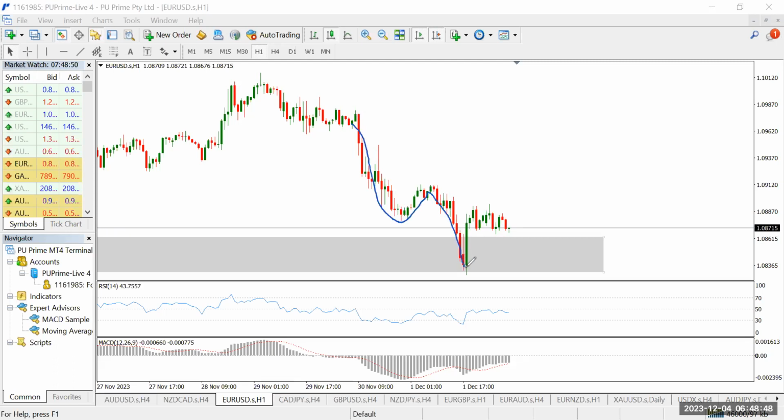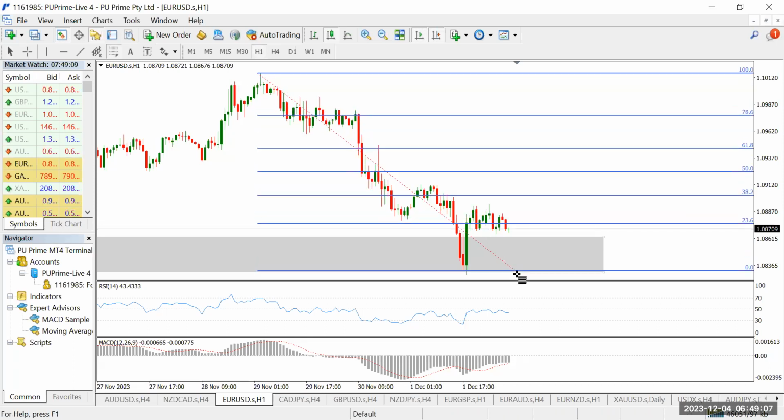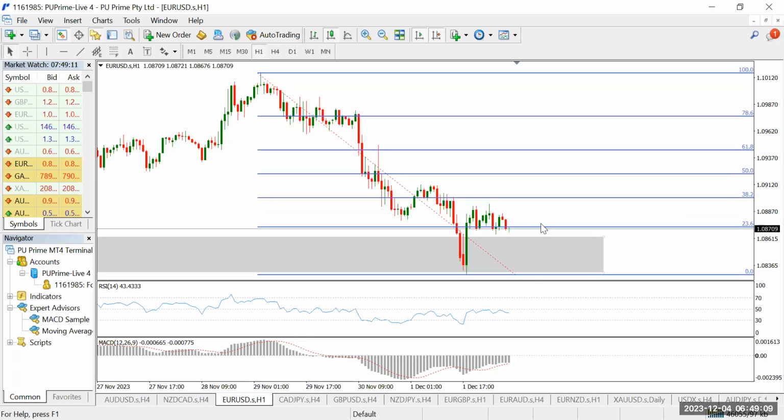So that should lead to a bullish breakout. However, if it doesn't work out that way, ultimately, I still expect a bullish breakout on this instrument. So I'm bullish biased on AUD USD, and I can still also use my Fibonacci for profit-taking level on this one, in which case I'll be targeting price hitting Fibonacci 38.2, 50, 61.8, or 78.6.